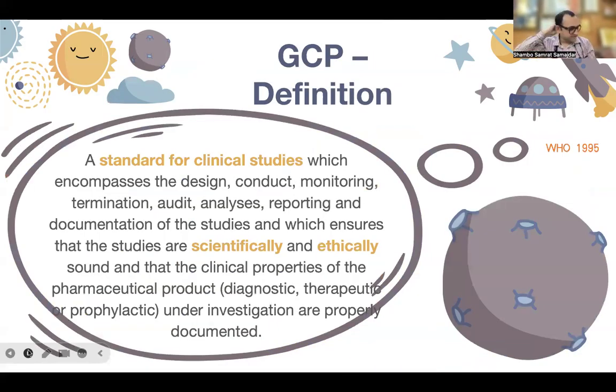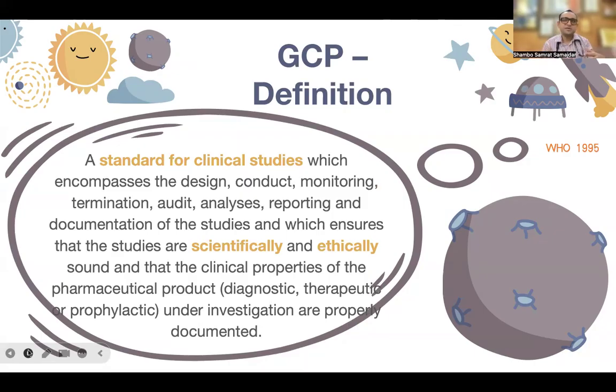But WHO in 1995 also defined GCP, which is not that popular as what we just discussed. According to WHO, this is a standard for clinical studies. I said GCP is about clinical trial standard, but actually WHO GCP was a little bit broader.